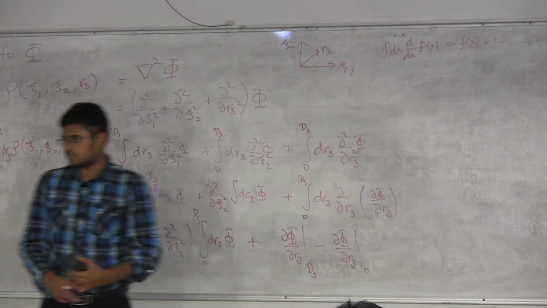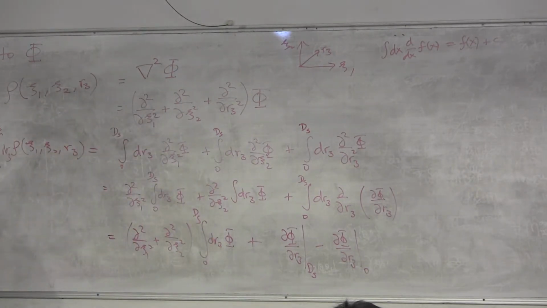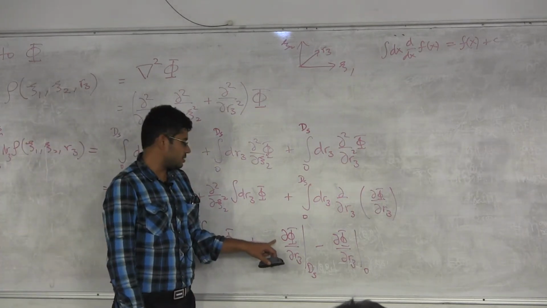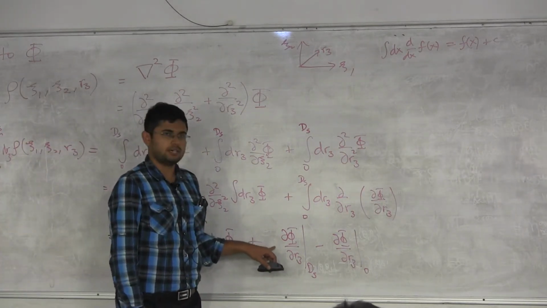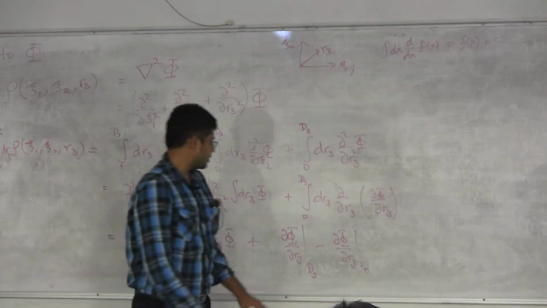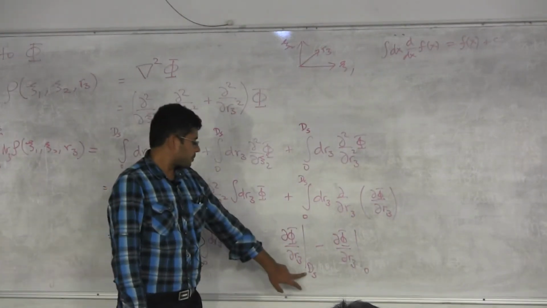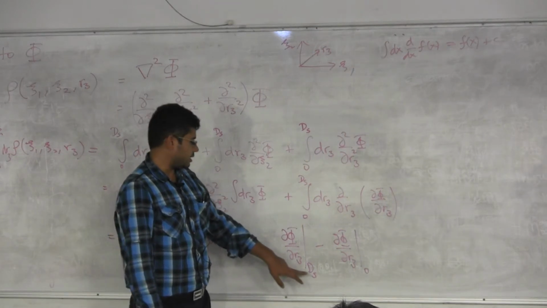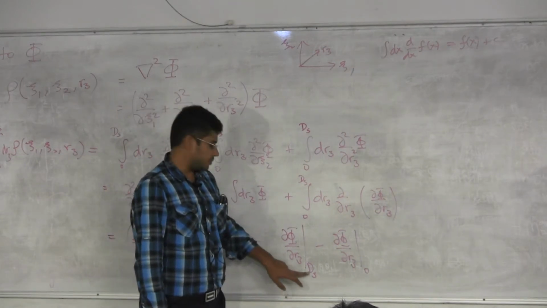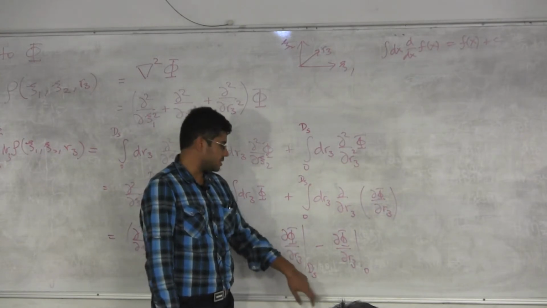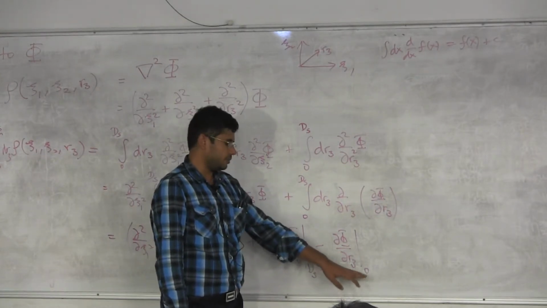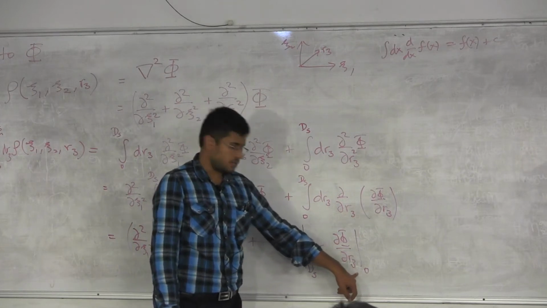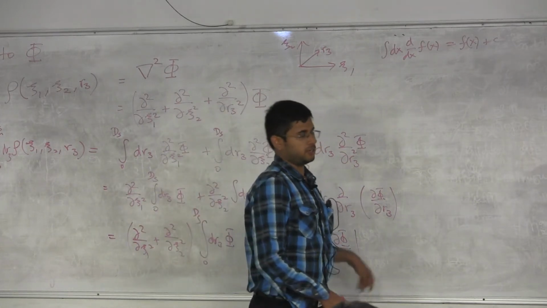And then you use the assumption that phi dies down sufficiently fast away from the lens itself, which means the potential due to the lens at the position of the source is negligible, and the potential due to the lens at the location of the observer is negligible.